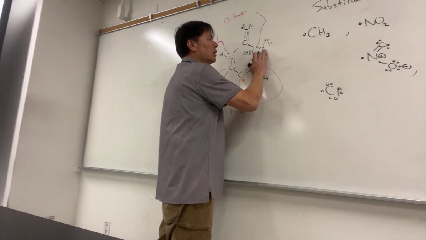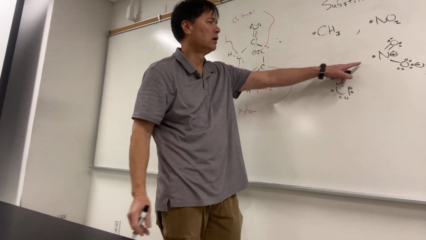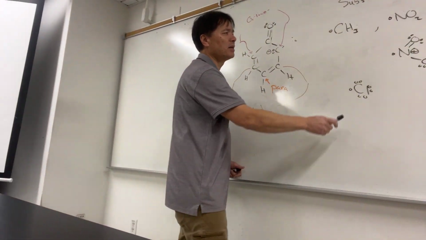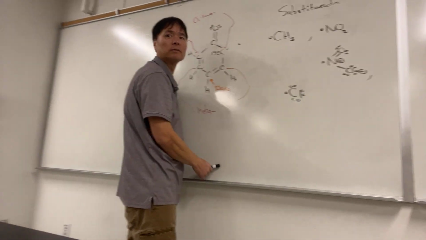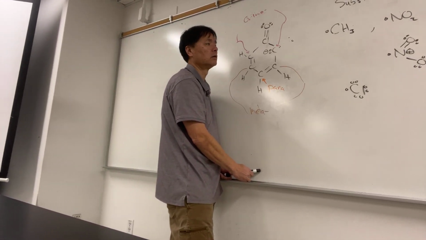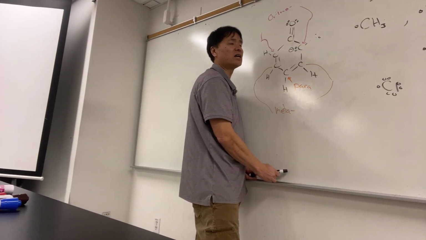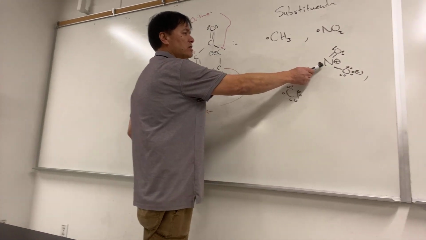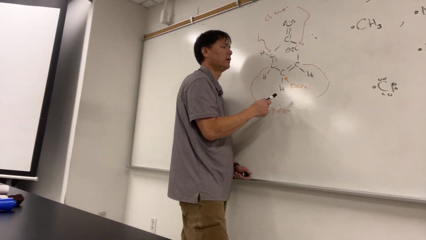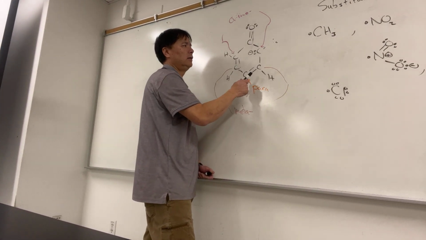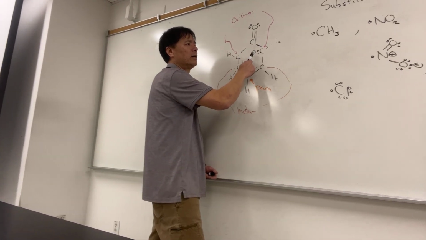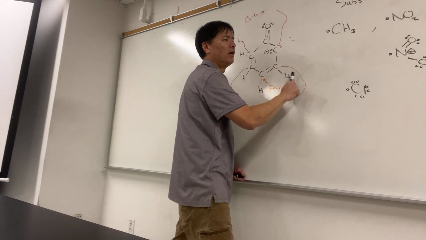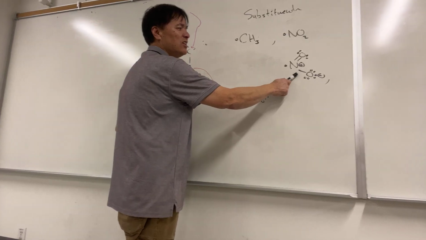A nitro group is very interesting because, what's the hybridization on nitrogen in the nitro group? It's sp2. So if nitrogen's sp2, then what that means is that we can have resonance delocalization into the nitro group.